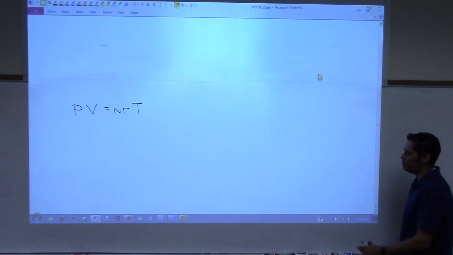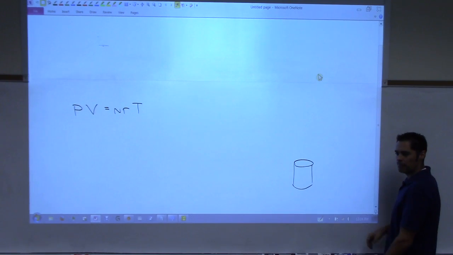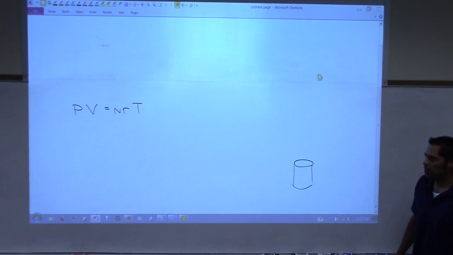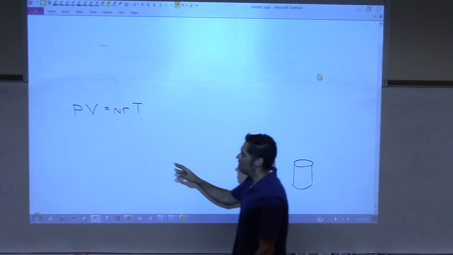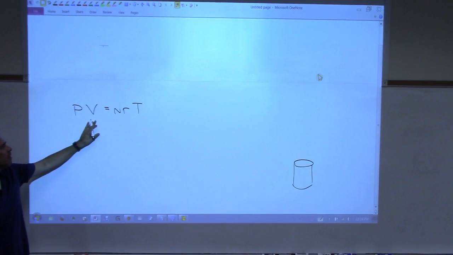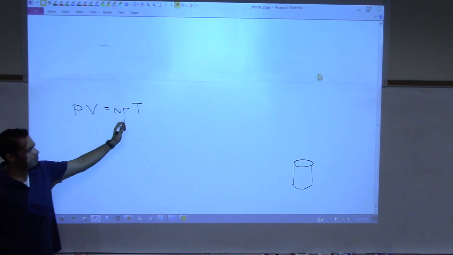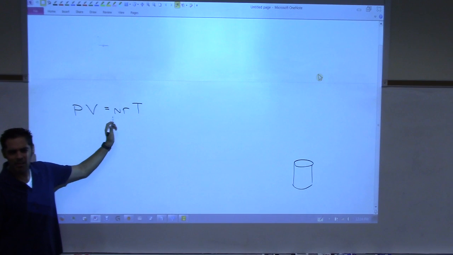It says that if you have a container, a closed container, like a Coke can, the pressure inside the container times the volume of the container must be equal to nRT.